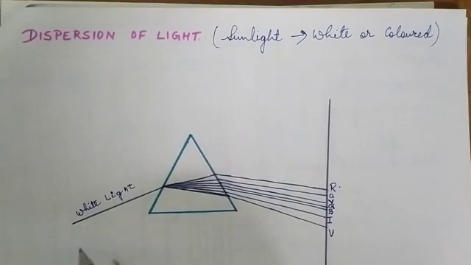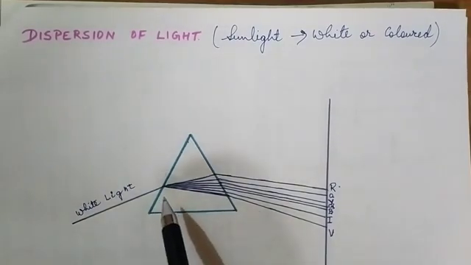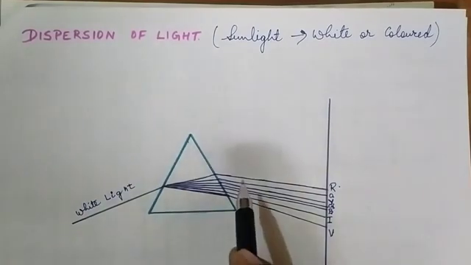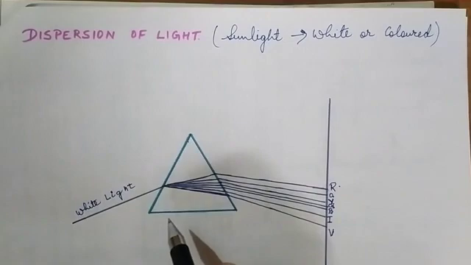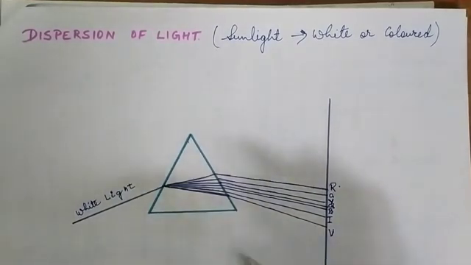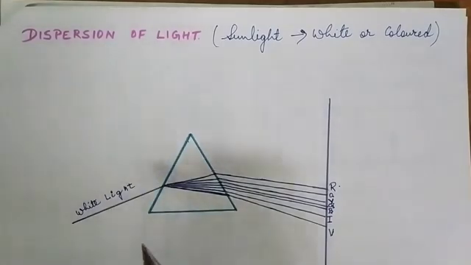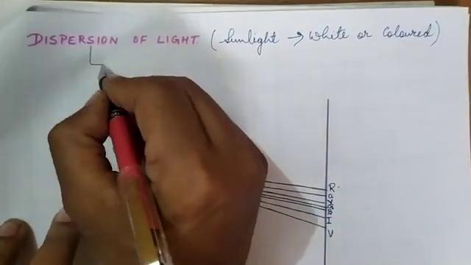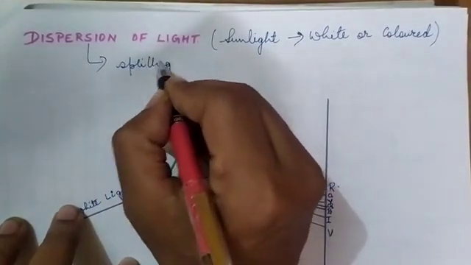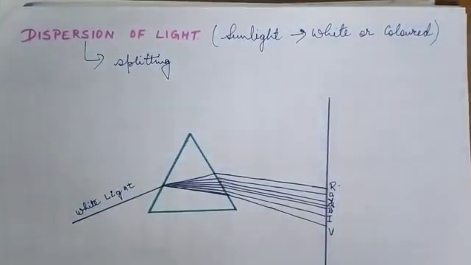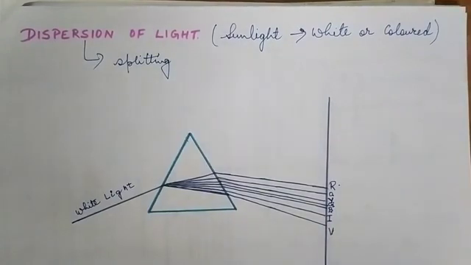This process of splitting of sunlight into 7 different colors on passing through a glass prism at a certain angle is known as the dispersion of light. So we can say that dispersion is the process of splitting of white light into 7 constituent colors when it passes through a glass prism.